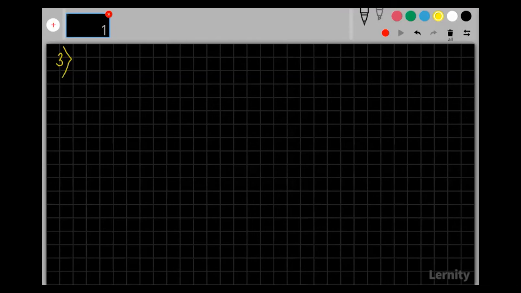So the third question, calculate the number of electrons present in 1.6 grams of methane.